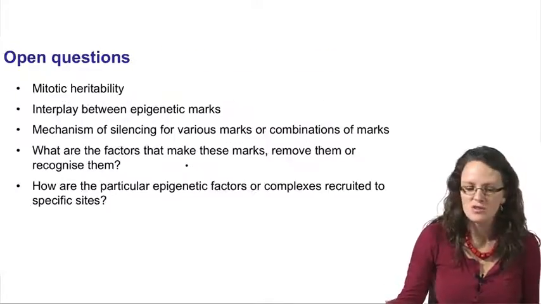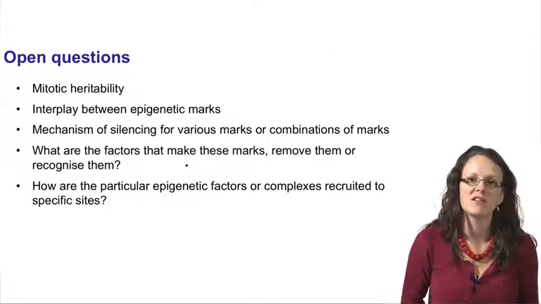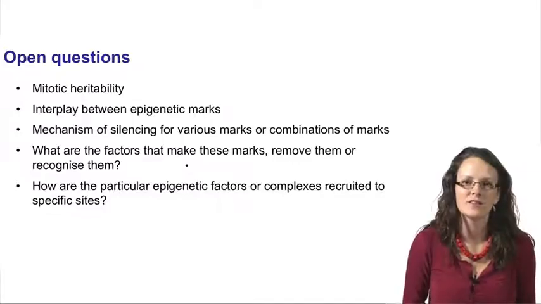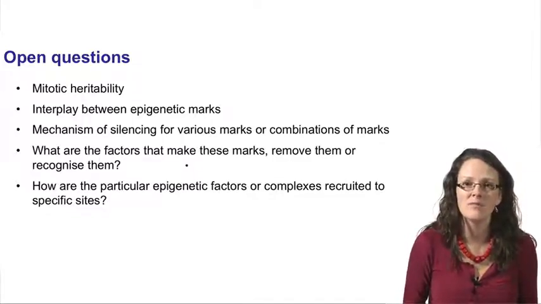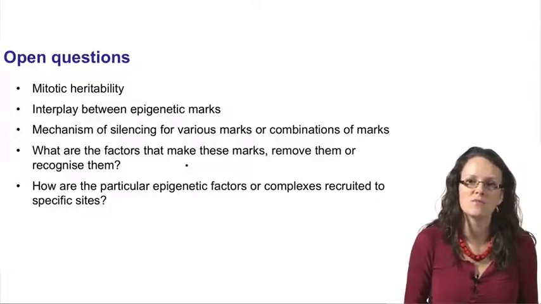So this leads me on to talk about some of the open questions that there are in this field of epigenetics. So it's still a relatively young field in terms of science as a whole. Really it's taken off since perhaps the year 2000 that we've really had a big acceleration in the amount of research performed in this field of epigenetics.